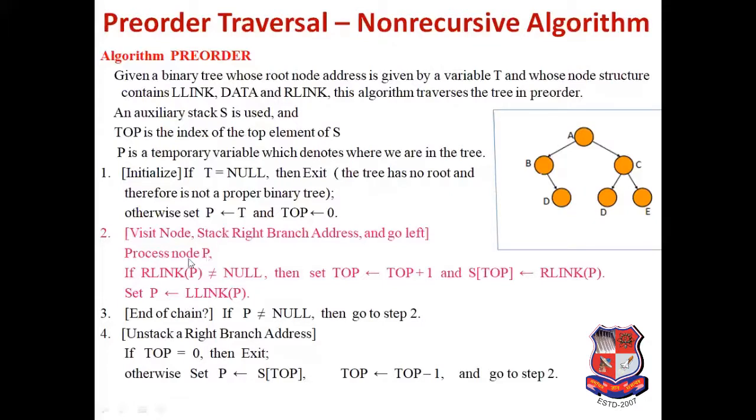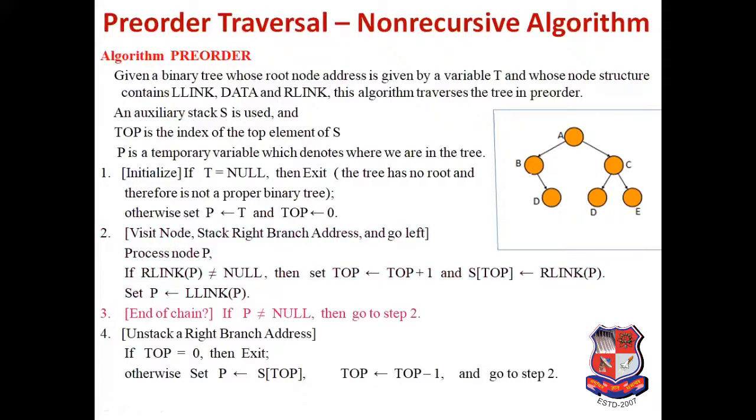Now we repeat this step. Once we start traversing from node B, we do the same. We first process the node, that means B is added to the traversal sequence. Then we store the right node address into the stack, and then we assign the address of left to P. So we repeat step 2 until we do not have the left child. If we do not have the left child, then P will be null. So in step 3, we are repeating step 2 until P is null.